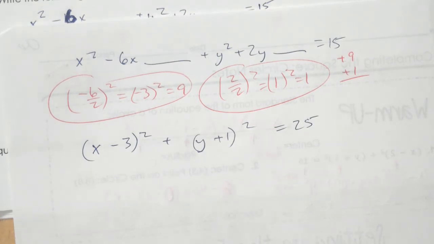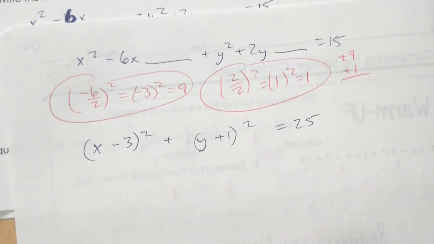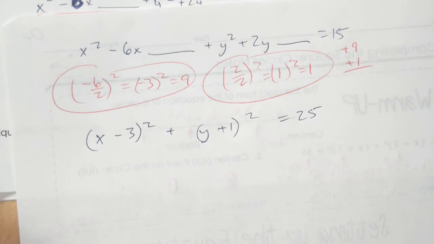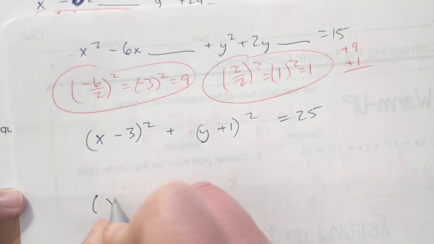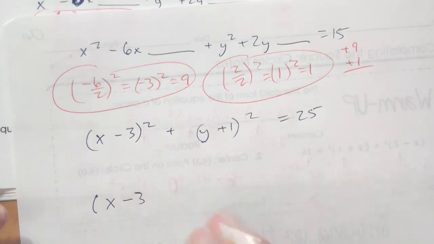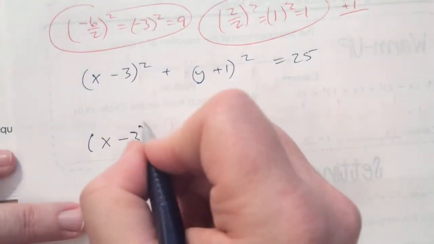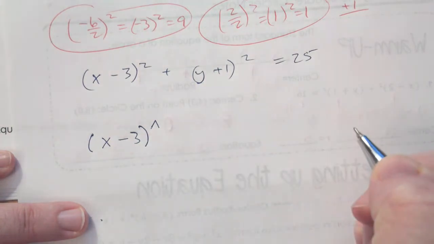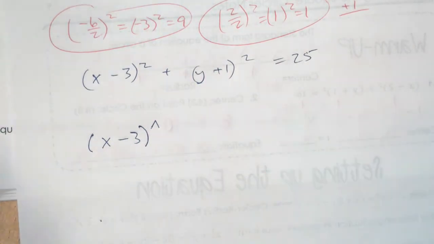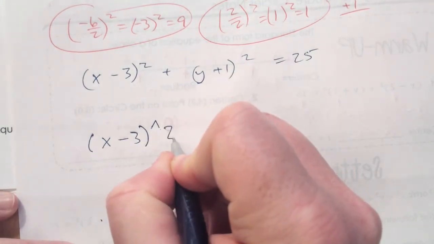And the last thing we want to talk about is how do you type that into the calculator? Sorry, not the calculator, but how do you type that into the computer? All right, so you would do parentheses, x, the minus sign, 3, close parentheses, and then there's this caret, which is above the number 6 on your keyboard, the caret, and then you put the 2.